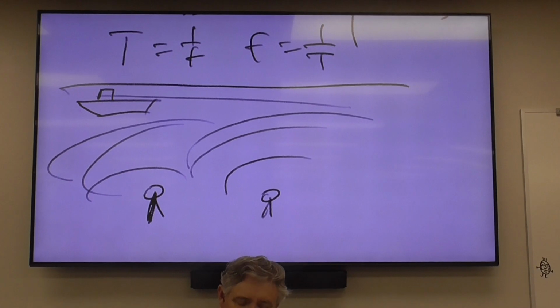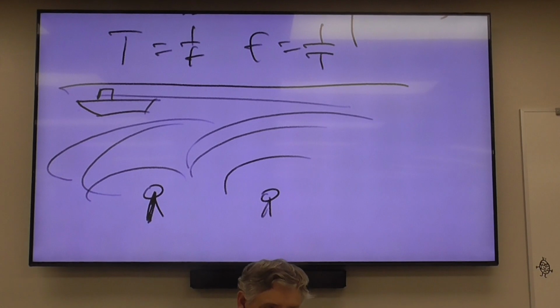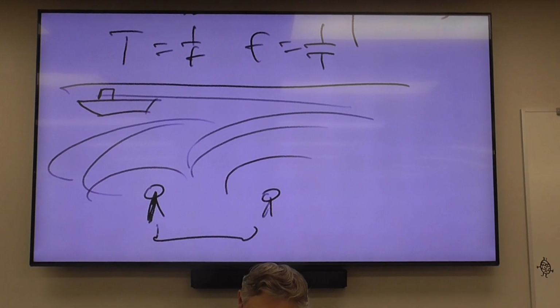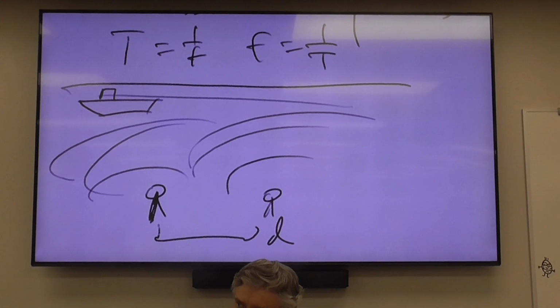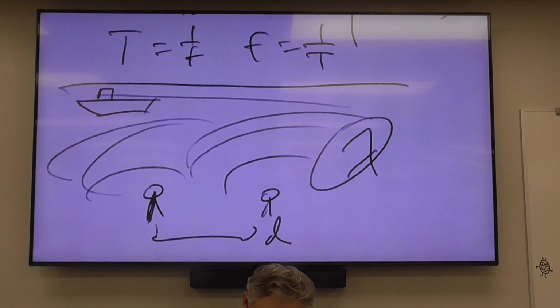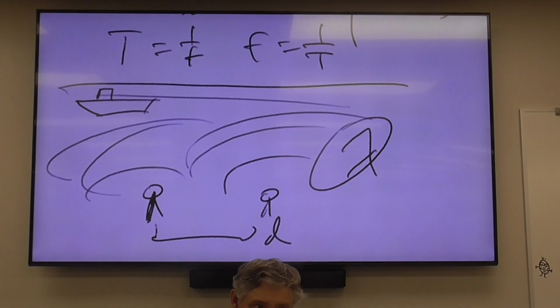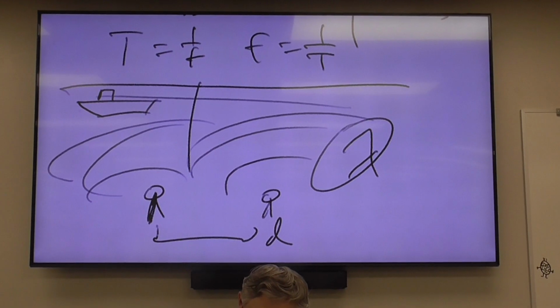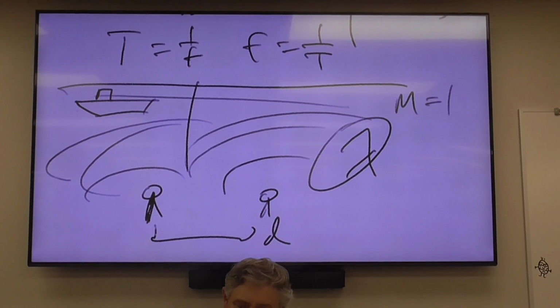What are the variables that you can deal with? Little d, which is going to be that distance between the radio antennas. What else you got? The wavelength that's being emitted, and m, which unless I tell you differently is going to equal 1.